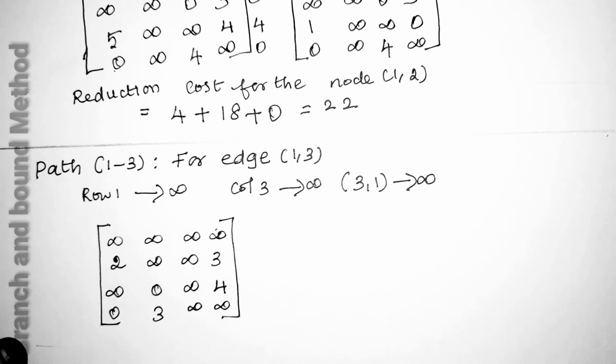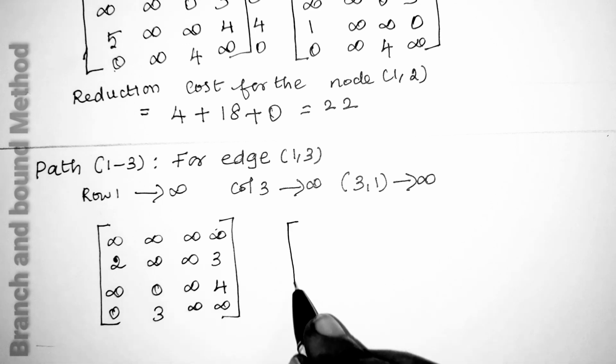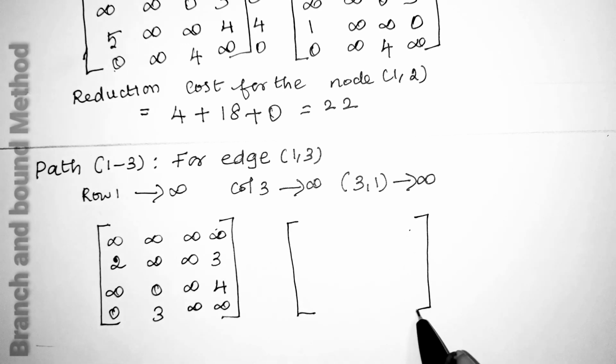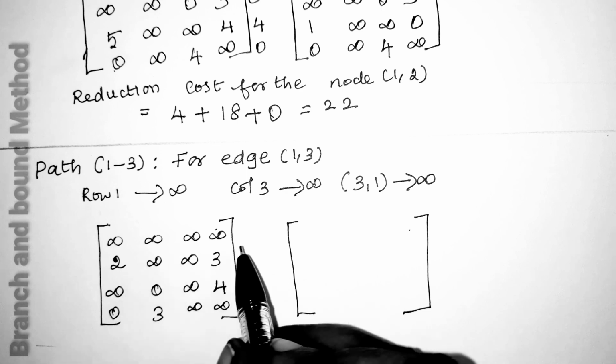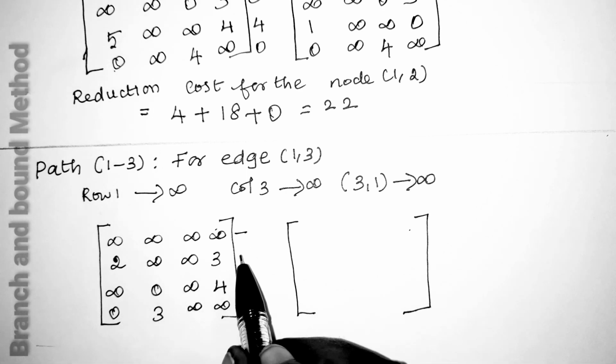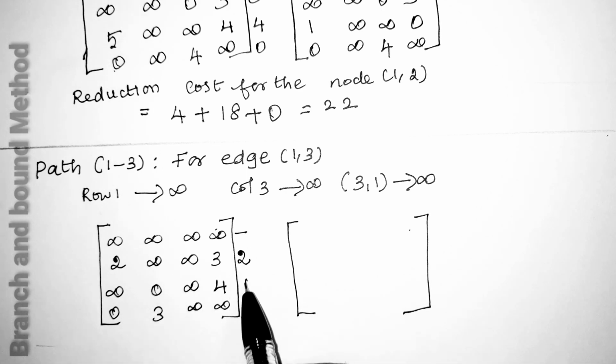This is the reduced matrix, and for this you have to find the row reduction first. First row is infinity, second row minimum value is 2, third row minimum value is 0, fourth row minimum value is 0.